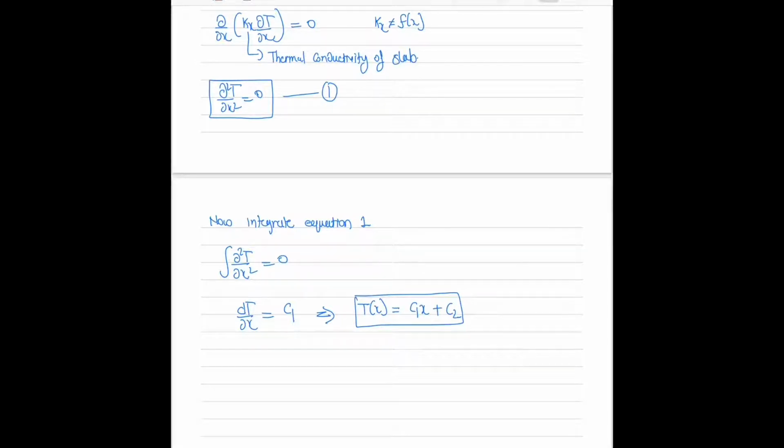In this case, we have two constants, C1 and C2. So we need to find these constants to get a temperature distribution inside the slab, and this C1 and C2 can be found or determined by boundary conditions.